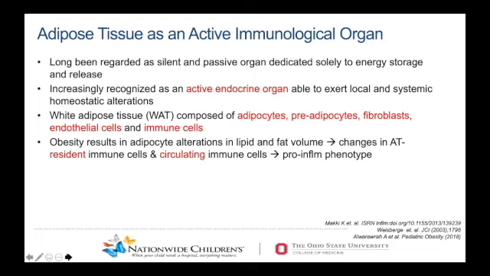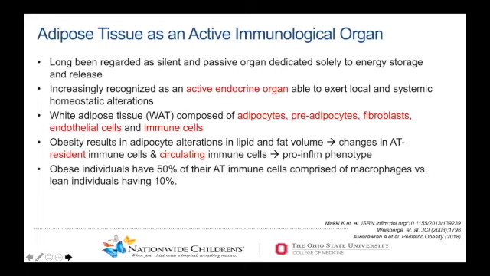And obesity results in adipocyte alterations in lipid and fat volume. This changes essentially the adipose tissue resident immune cell and circulating immune cell phenotypes that results in a pro-inflammatory milieu.